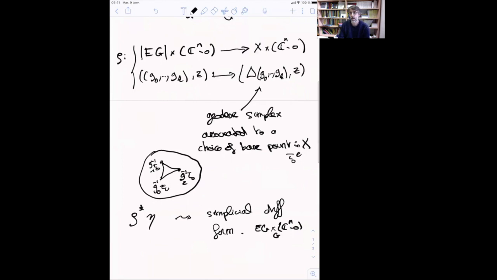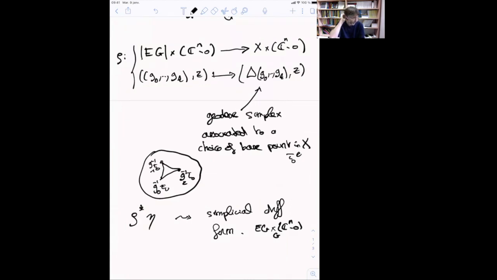But the next step in what we want to do is to compute the associated cocycle, and it's not easy because it depends on the base point, and you have to pass from one translate of a base point to another one. So there is a lot of data to keep track of.